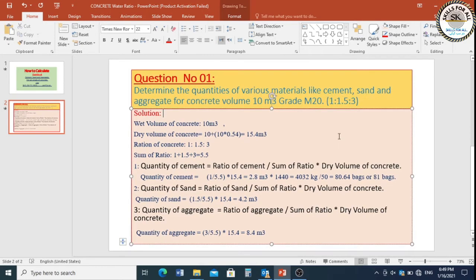In mostly Arab countries and developed countries, you don't need to calculate anything. It will always come from suppliers, ready mix companies, and they will prepare and send you only this ready concrete.